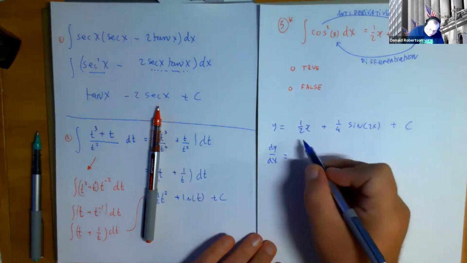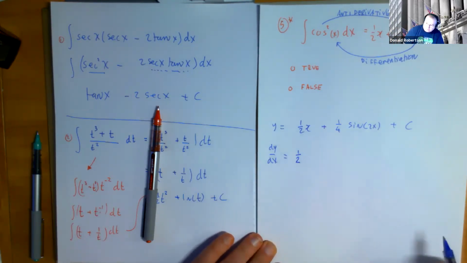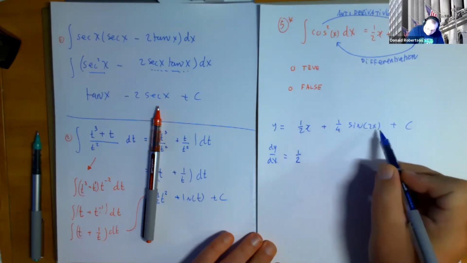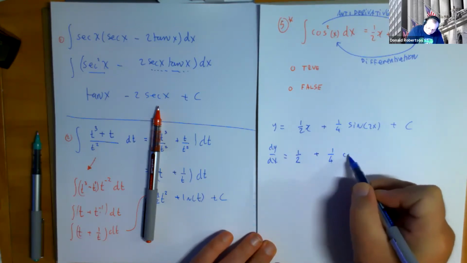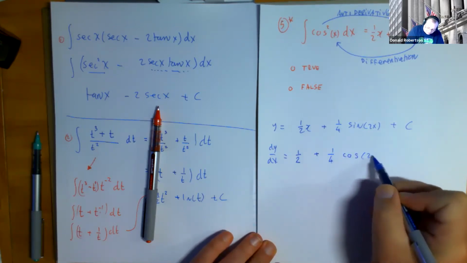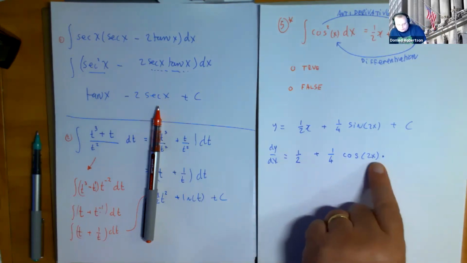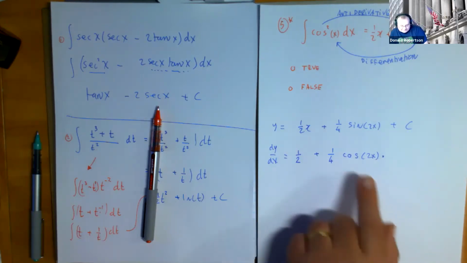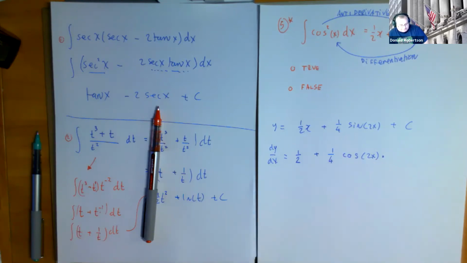So here it goes. If you differentiate a 1/2 x, you get a 1/2. If you differentiate 1/4 the sine of 2x, it's a chain rule. You get 1/4 the cosine of 2x times something else, don't you? Times another what? What's missing?